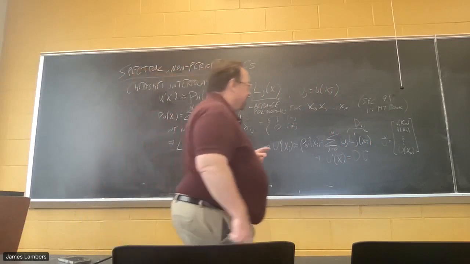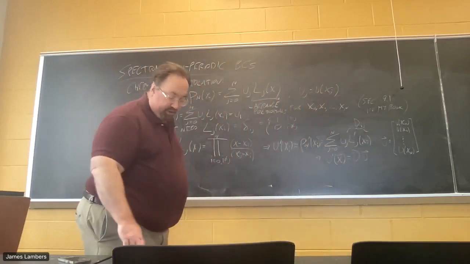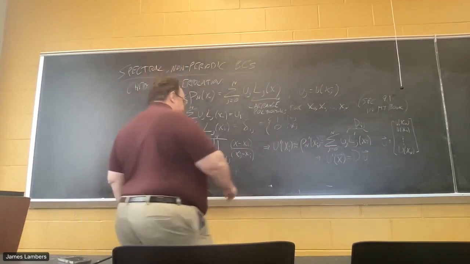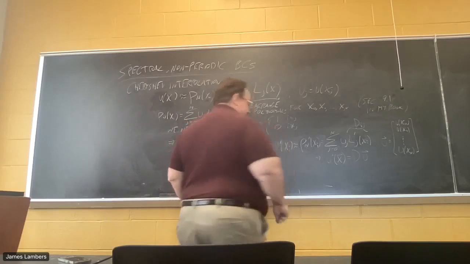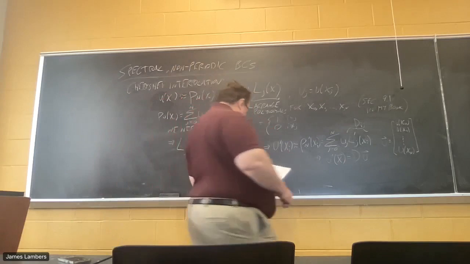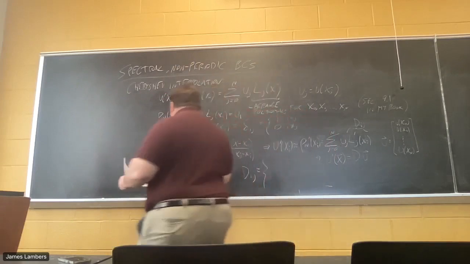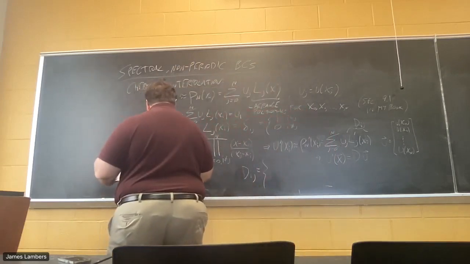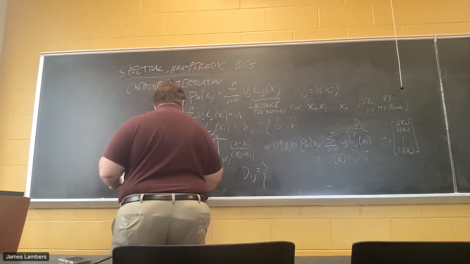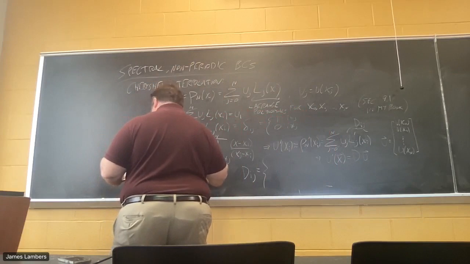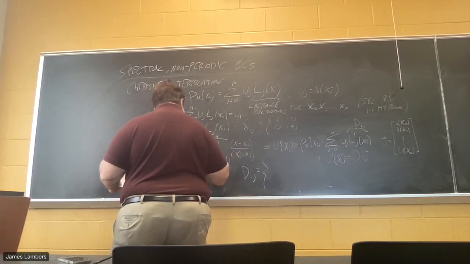What I haven't shown you is what this turns out to be. There actually is a formula for it. Dij is equal to, well, first I need to define this symbol. Aj is a product over all k not equal to j of xj minus xk.